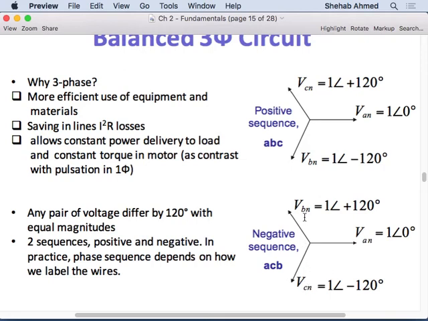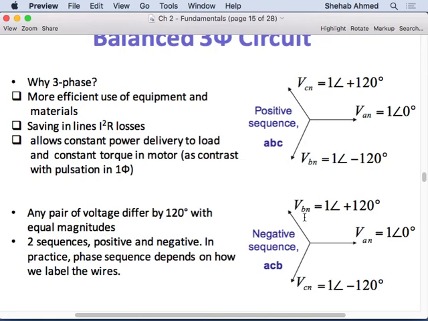This has some significance. In 338, you study that if you flip the terminals of the electrical supply to a motor, you will flip its direction. So we will see later in a power system, when we study chapter, I think, 9 or 8 or 7, that a power system has a mix.